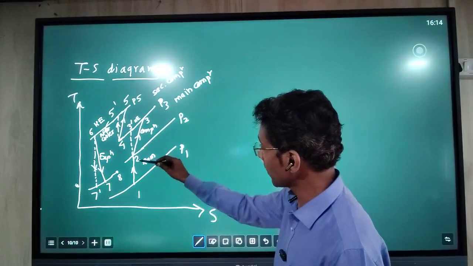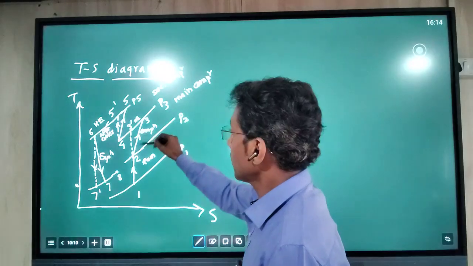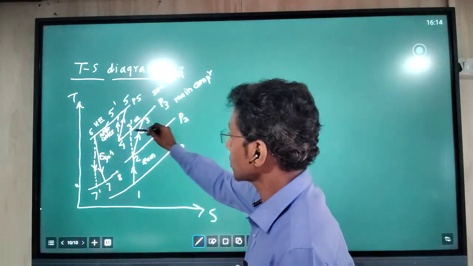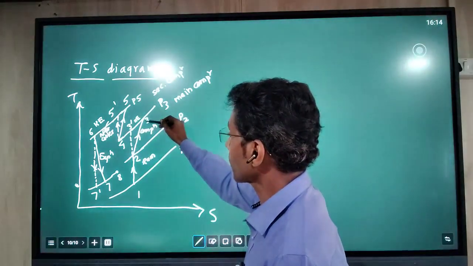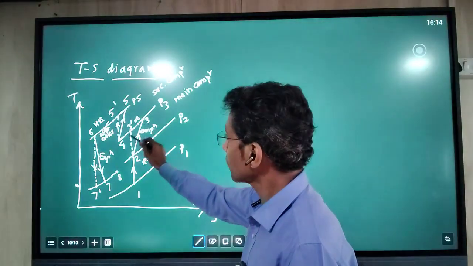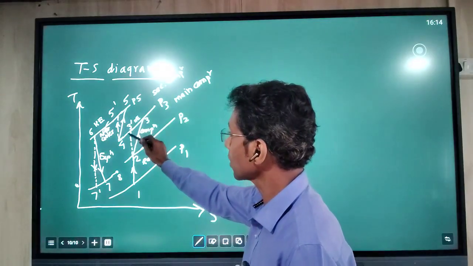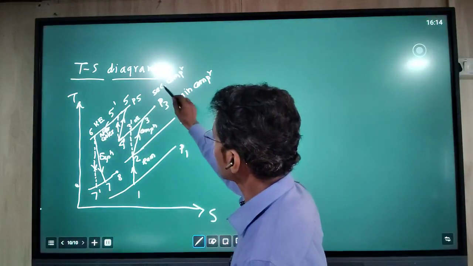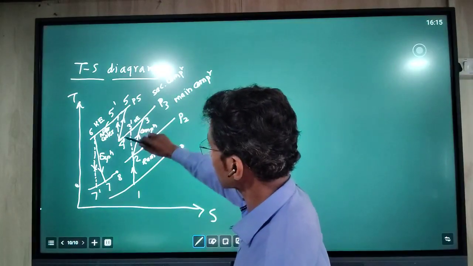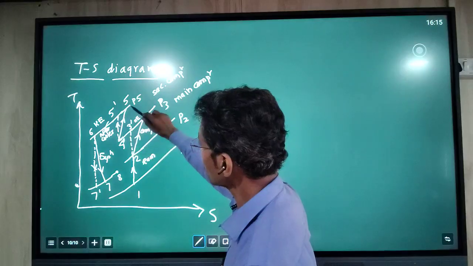Process 1 to 2 is the isentropic ramming process. In the primary compressor, this is ideal compression and this is actual compression, 2 to 3. 3 to 4 is the cooling process in the primary heat exchanger, that is the air cooler. 4 to 5 is in the second compressor, secondary compression.